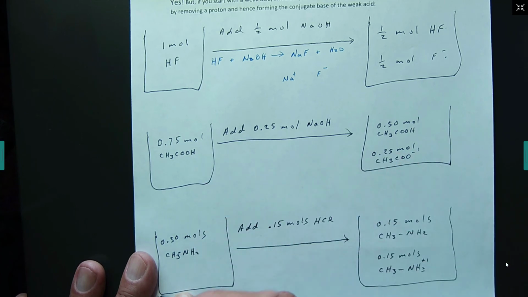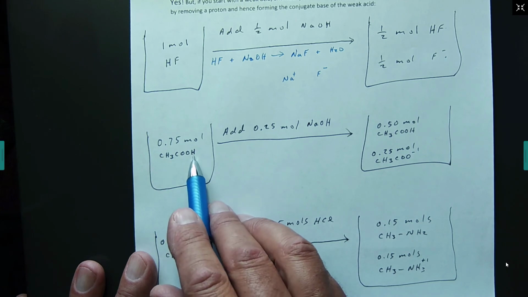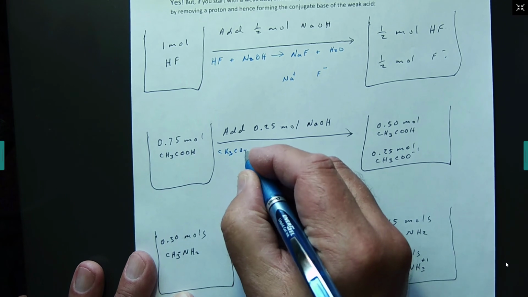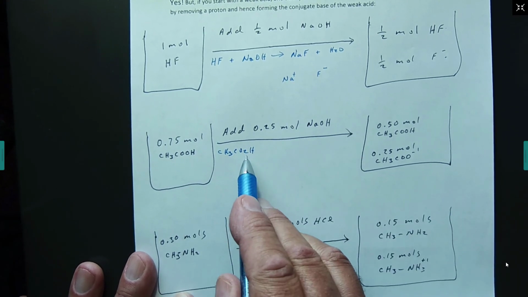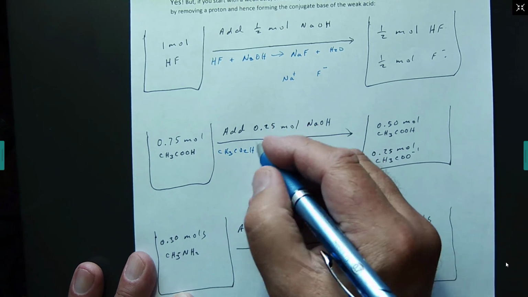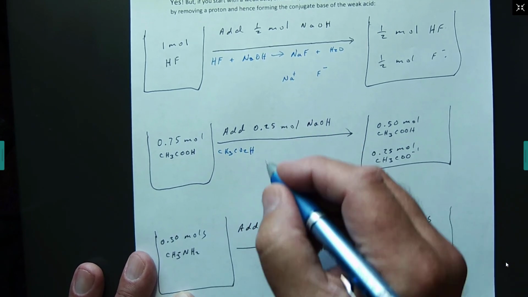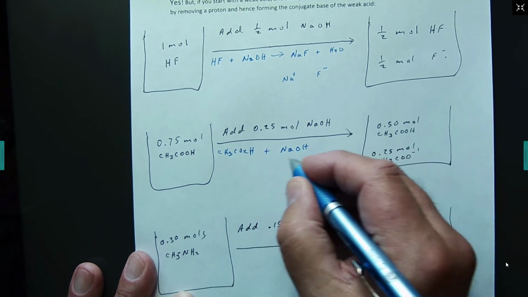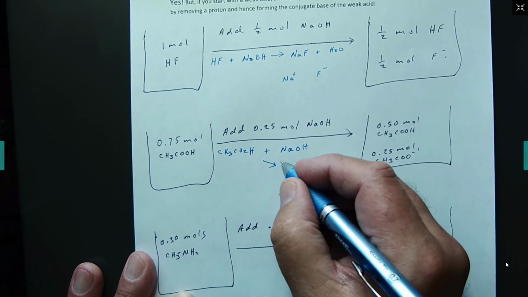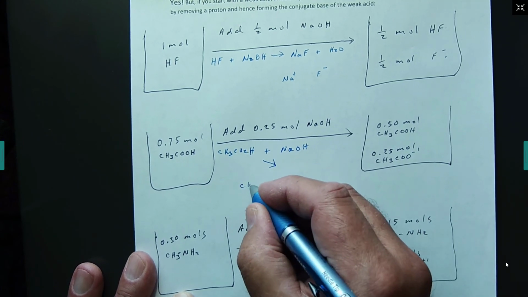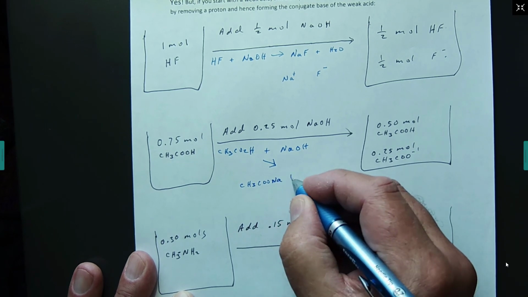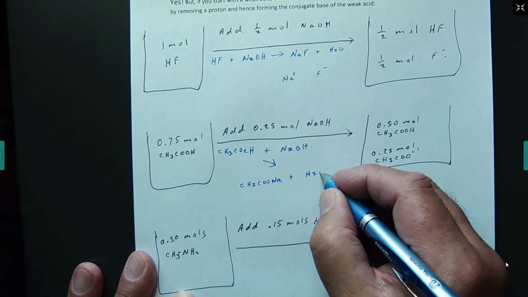The part of acetic acid that's the acidic proton would be the H. So what you have here is your CH3CO2H, sorry, sometimes I write CO2H, sometimes COOH. That reacts with your sodium hydroxide, and you're going to end up making sodium acetate and water.